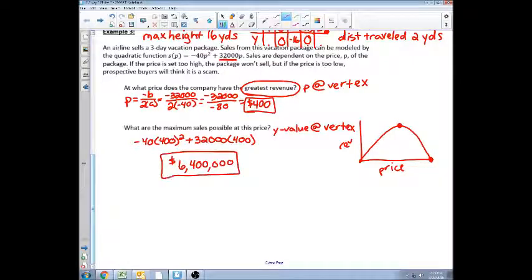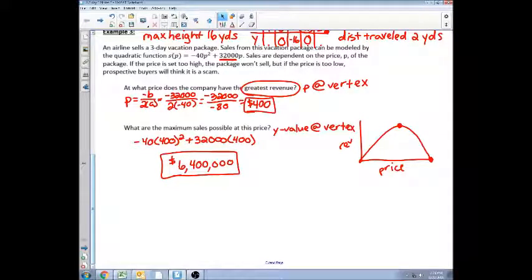Okay? That is the lesson. So remember, when you're looking at story problems, depending on what kind of story problem you're looking at, if you want to know, like in example number 2, we were looking at X is the horizontal distance in yards. If you want to know how far the ball traveled, it will be when Y is at 0.